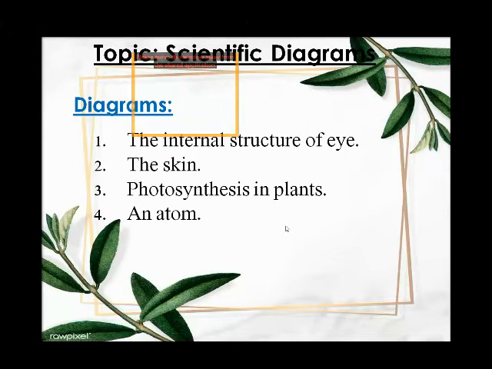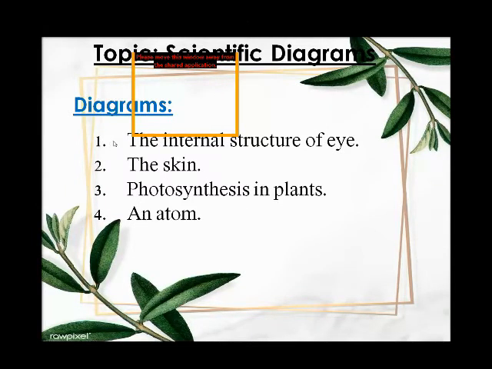And third picture, photosynthesis in plants, okay? In this process, we will draw the picture of the plants showing the food-making process, okay? And the fourth picture is an atom, okay?